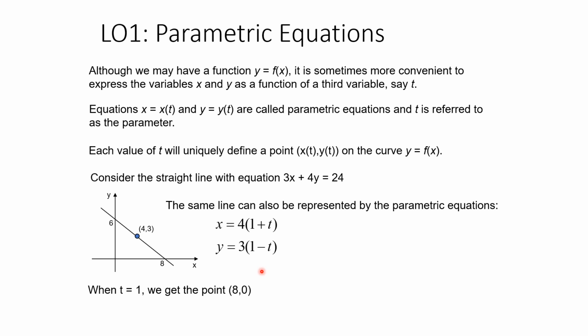And for every value of t, each value of t will uniquely define a point on the curve. So for example, when t is 1, you get a point of (8, 0) by substituting t = 1 into x and y. And then when t is -1, you substitute into this equation and you will get another point.